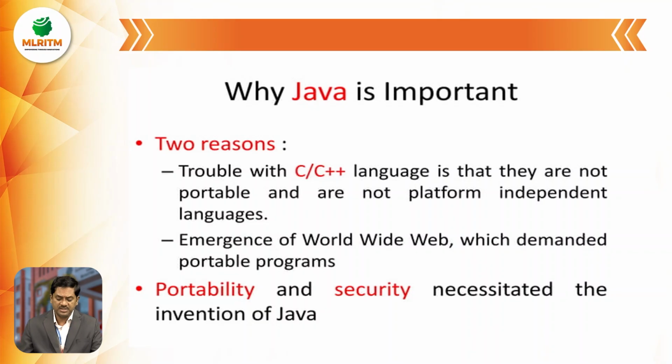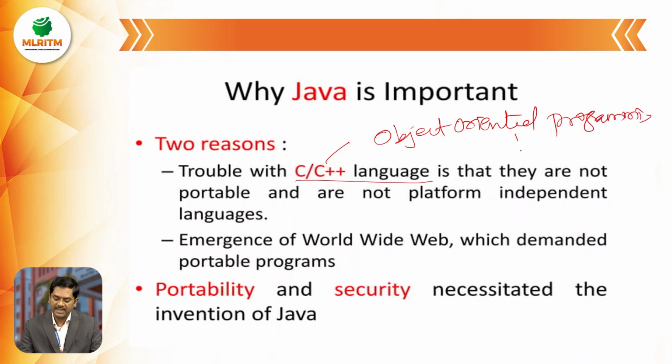So basically there are two reasons. One is that C language programs are not portable. So there is some trouble, some problem in C and C++ language. Whereas we are also aware that C++ is also an object-oriented programming language.